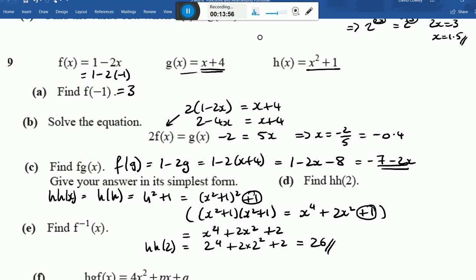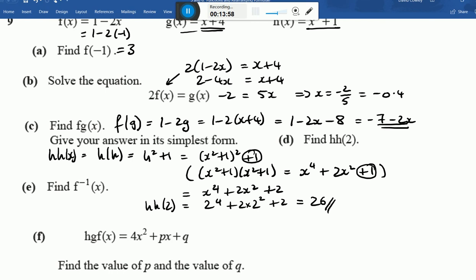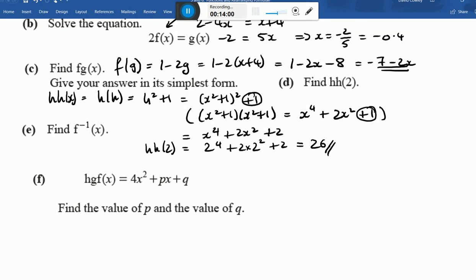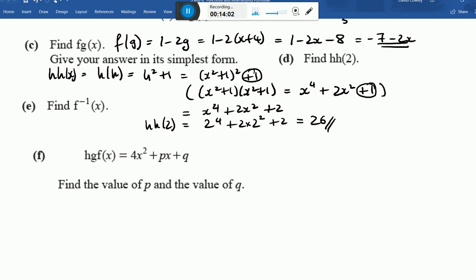And I'll do the final part of this just right down here at the bottom. h(g(f(x))) has to equal this thing, and we're asked to find the values of p and q. Well, let's break this down into stages.